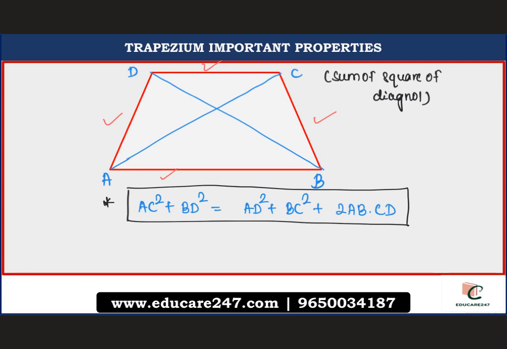So you can remember this as the square of the slant sides, individually squared and added, and 2 into the parallel base sides, that is AB into CD. This is the basic formula. Alright, please keep this in mind. Questions do pop up on this formula very often.